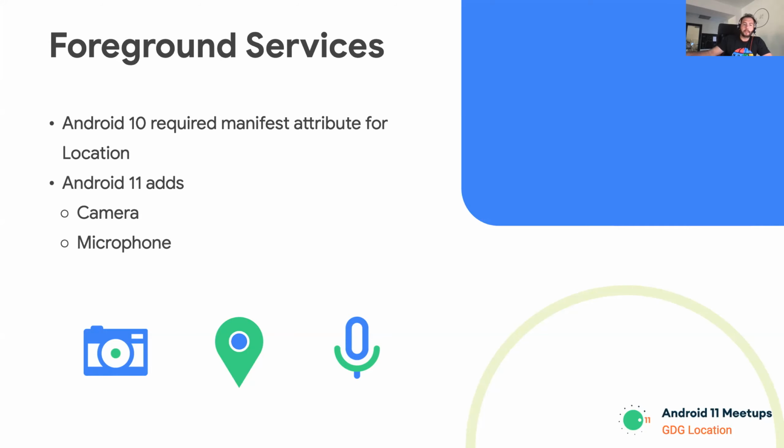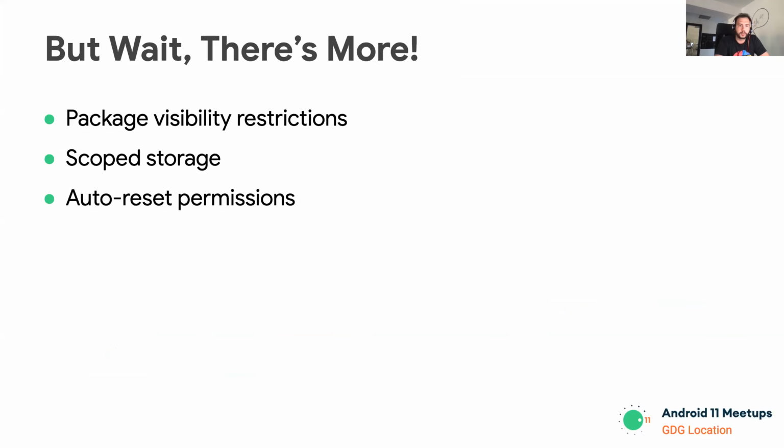Based on this, there are also a couple of changes when it comes to what a foreground service can do, and it has a lot to do with whether it was started while the app was in foreground or not. Please take a look at the documentation and you'll definitely find out more.